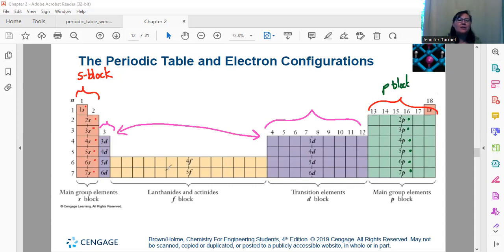Different periodic tables do this in a different way. I always take the 4 because they put the f block in a different place. On your periodic table, the d block is your transition metals, and this is all written into your periodic table.